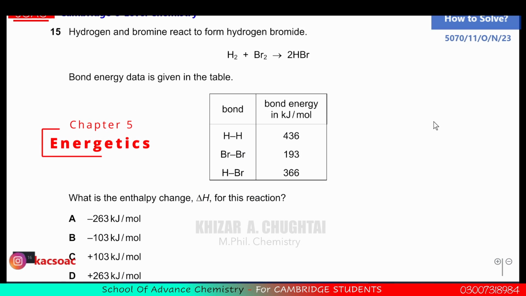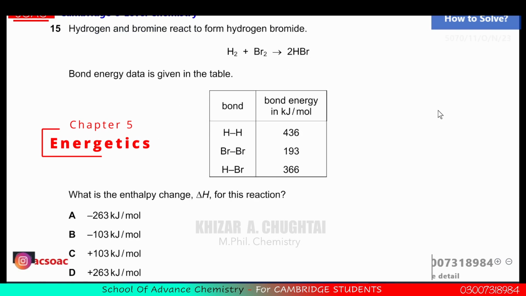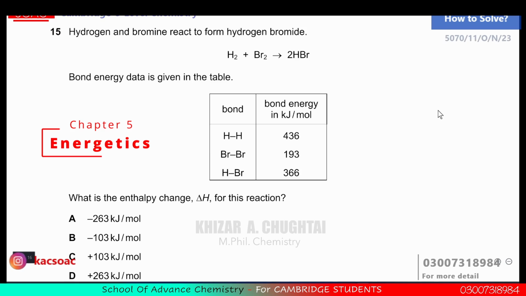Question number 15, hydrogen and bromine react to form hydrogen bromide. The bond energy data is given in the table. What is the enthalpy change for this reaction? The formula for enthalpy change, delta H, is equal to the total bond energy of the reactants minus the total bond energy of the products.